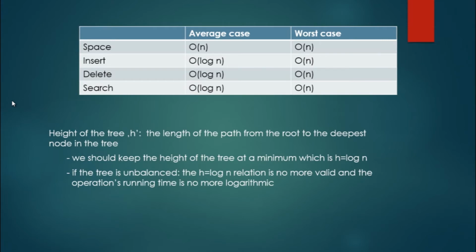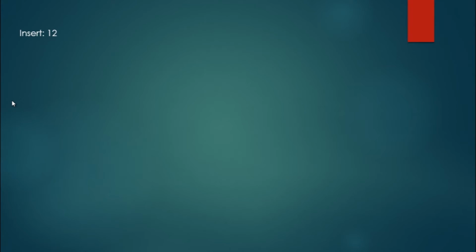If the tree is unbalanced, the h = log n relation is no longer valid, and the operations' running time is no longer logarithmic. So if we want to search for something, we are not going to be able to find it in logarithmic time, and that's why rebalancing the tree after every insertion will be very, very important. So for how to construct a tree, the first node is trivial.